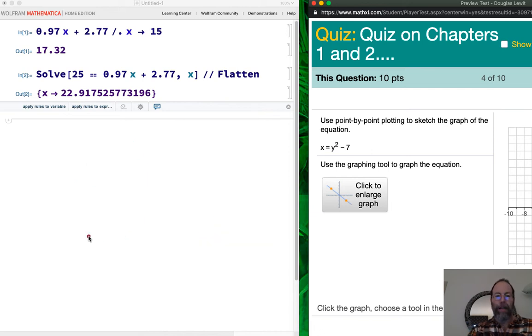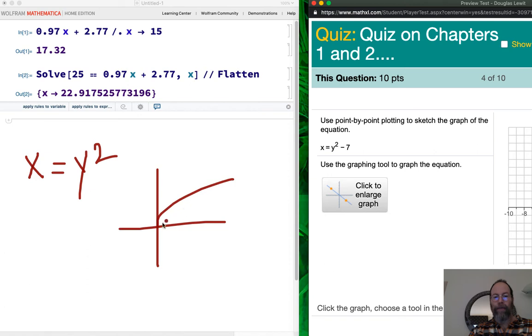But if you have x is equal to y squared, then your graph is going to look like this. So this is x and this is y. If x is equal to y squared, then the axis of symmetry is going to be the x-axis. That's something I hope you remember from your previous algebra class, but if you forgot, this is a reminder. So how are we going to do this problem?